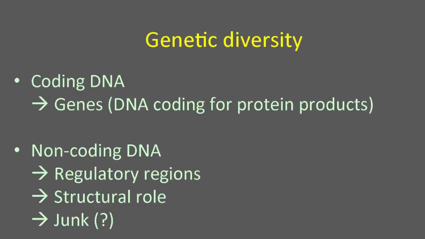It can contain regulatory regions that play a role in how much of the protein product of these different genes is produced. They can play a structural role, and it's actually a pretty big part of the DNA which we don't really know what it does. This can be copies of genes that are not functional anymore because they have gained certain mutations. It can also be parts of the DNA we don't really know what it does, so this is what we call junk DNA.